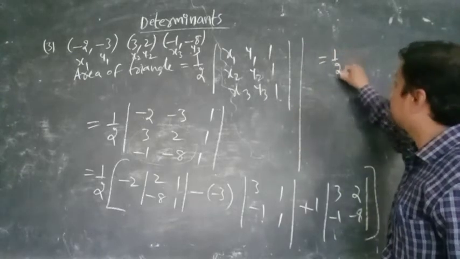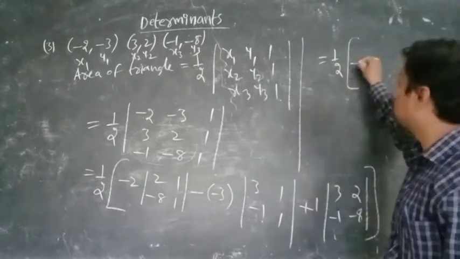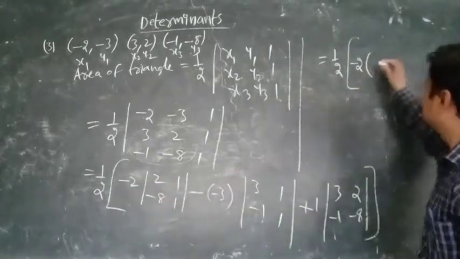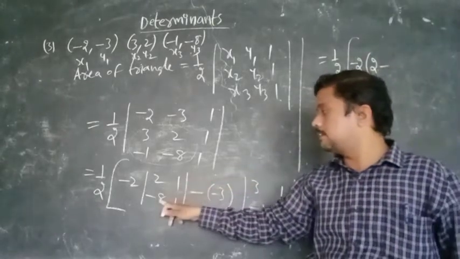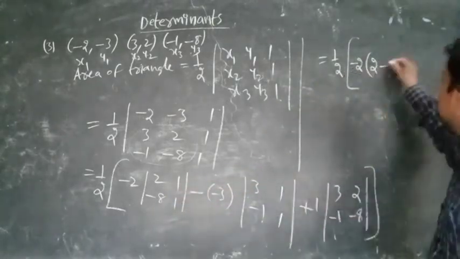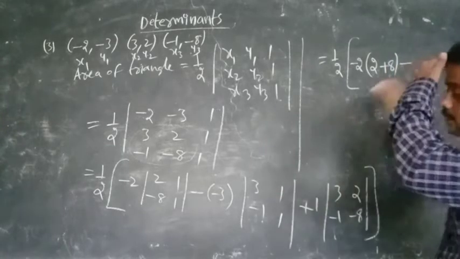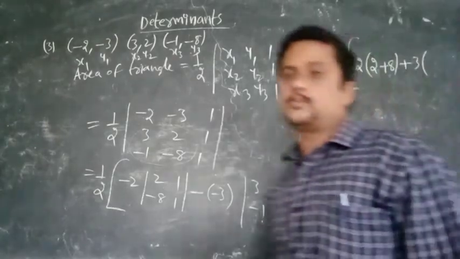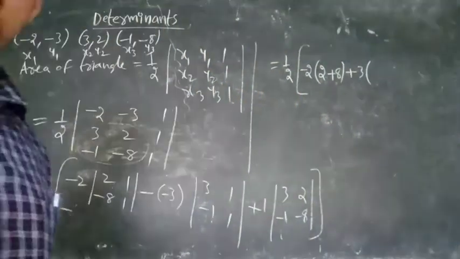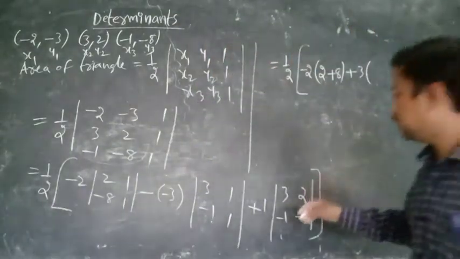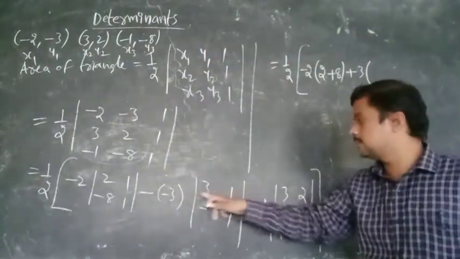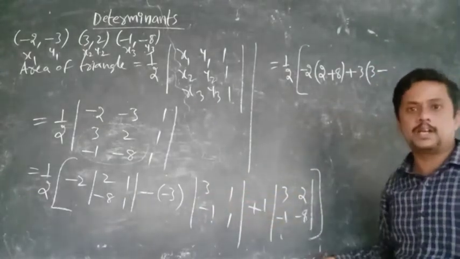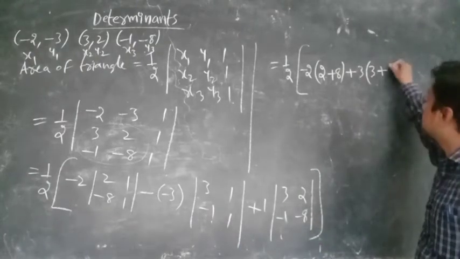Is equal to half into minus 2 into 1, 2 minus 8 into 1, minus 8. Minus plus. Minus of minus 3 plus 3 into 1 3 minus 1 into minus 1 into 1 minus 1, so minus plus.